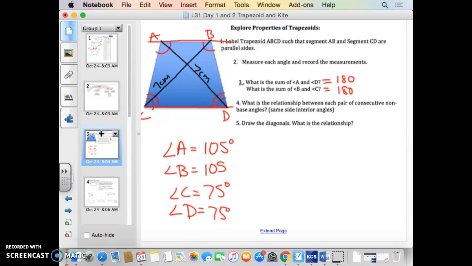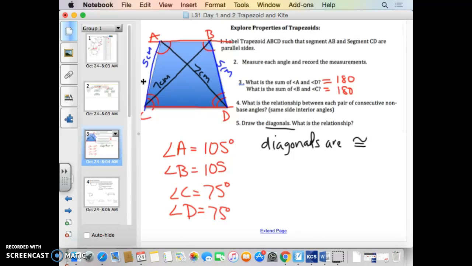So I can say that the relationship is the diagonals are congruent. And then I also measured these legs, this leg over here from B to D, and from A to C, and I actually got 5 centimeters, and 5 centimeters on this side.